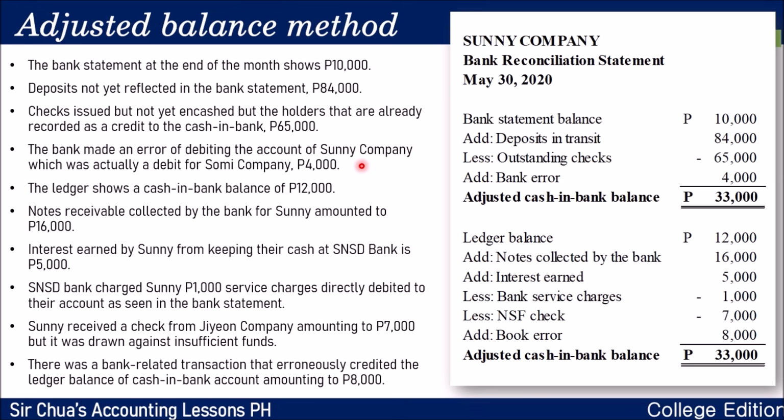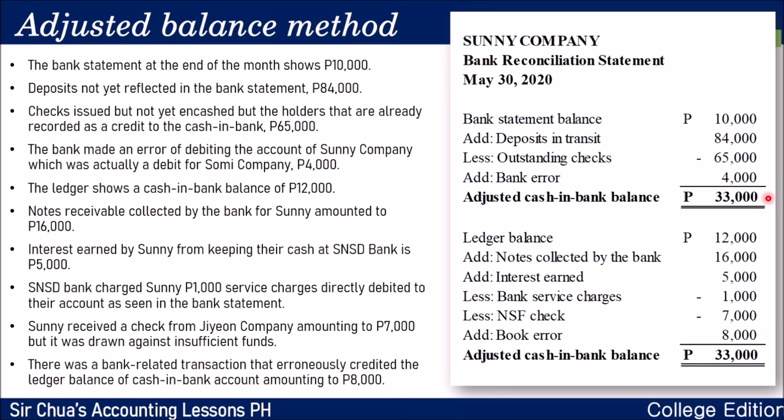Ang nangyari, na debit niya kay Sunny Company. So, erroneously, nabawasan si Sunny Company ng 4,000. So, ang gagawin po natin, idadagdag po natin yung bank error para maitama po yung ating bank statement balance. Perform the calculations and your adjusted cash in bank balance is 33,000.